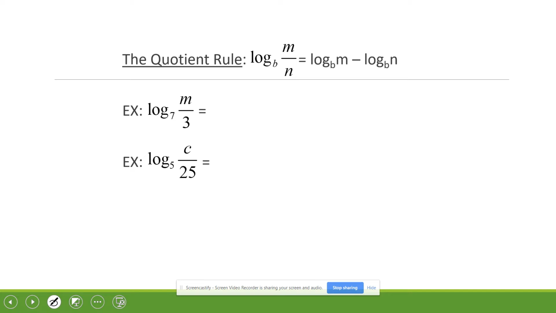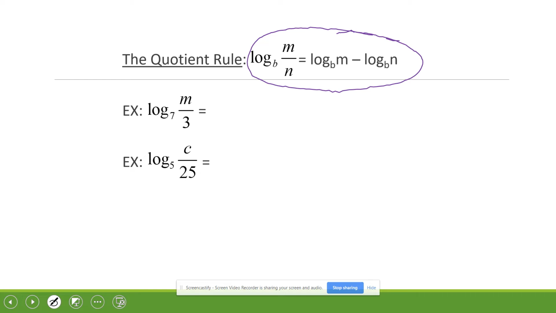The quotient rule. If I'm dividing, I rewrite dividing as subtraction. Hopefully these look a little bit familiar from our exponent rules. Remember, for multiplying like bases, we add exponents. If we're dividing like bases, we subtract exponents. And that's where these properties are coming from.